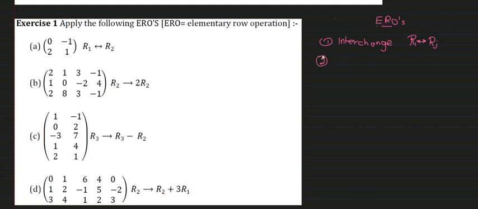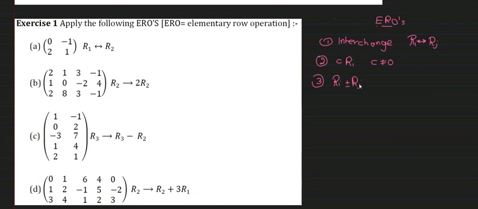The second one is that we can multiply any row, both sides of the equation, by any constant c, such that c is not equal to 0. This means c is a number, so we can multiply any row by any constant. The third one is that we can add or subtract any 2 rows.